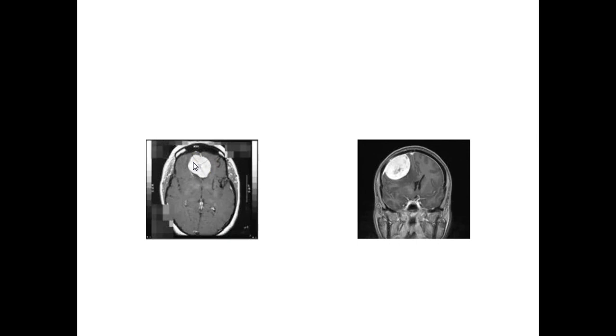One is due to raised ICP in the form of headache, and the other is that it is compressing the optic nerves, the frontal lobe, and also the olfactory nerve. So the patient will have no sense of smell or decreased sense of smell. This will have frontal lobe signs in the form of personality changes, in the form of behavioral changes. And when the optic nerves are compressed, there will be involvement of the vision.